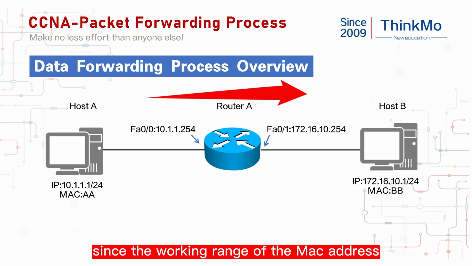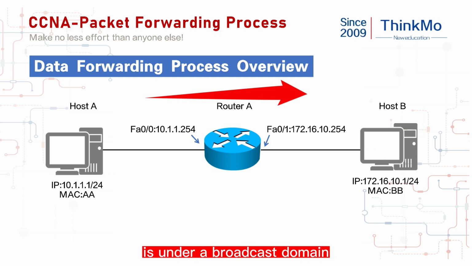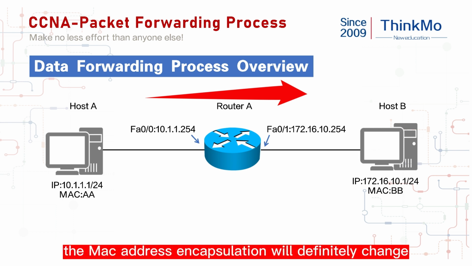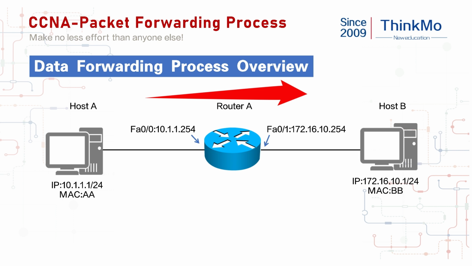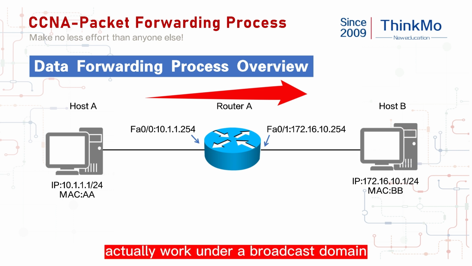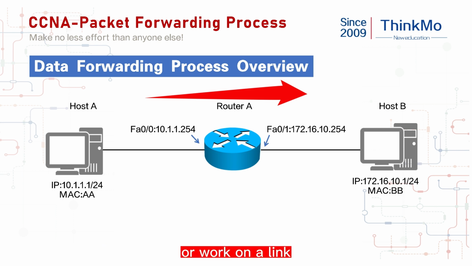Since the working range of the MAC address is within a broadcast domain, different interfaces of the router are different broadcast domains. That means once the data crosses the router's interface, the MAC address encapsulation will definitely change. Because the MAC address of the second layer actually works within a broadcast domain, or on a link.